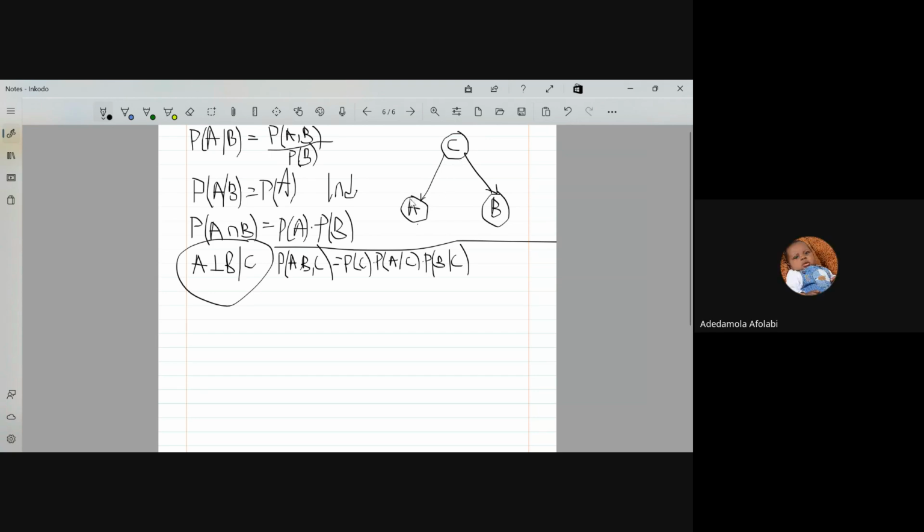Then the child nodes, which are A and B, because they are dependent on C. So the next is multiplied by probability of A given C, then multiplied by probability of B given C.